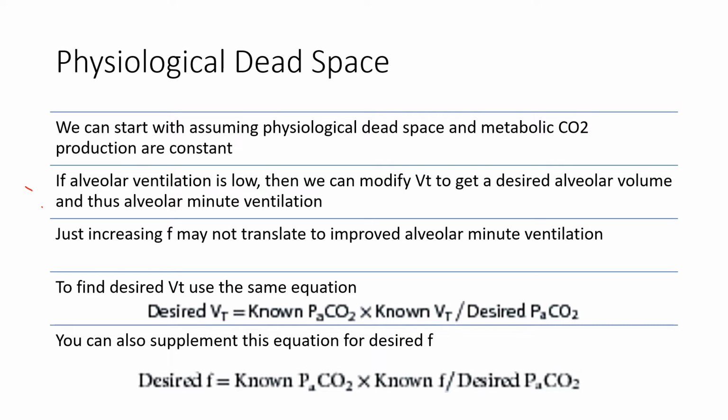Their regular minute ventilation looks good, but how much of that actually got gas into and out of the alveoli? Well, hardly anything. So sometimes increasing respiratory rate may not make much of a difference on the PaCO2. If their alveolar minute ventilation is low, going up on the rate may not improve it.